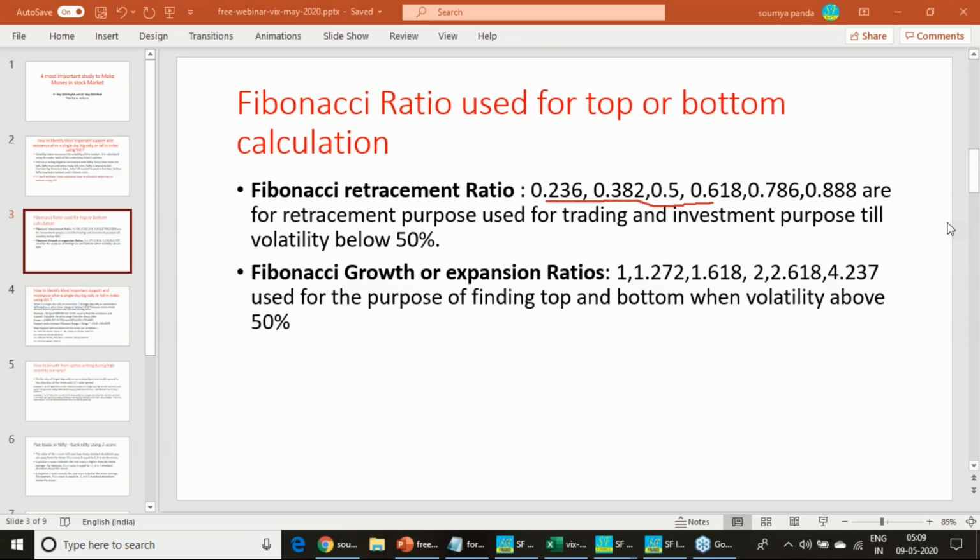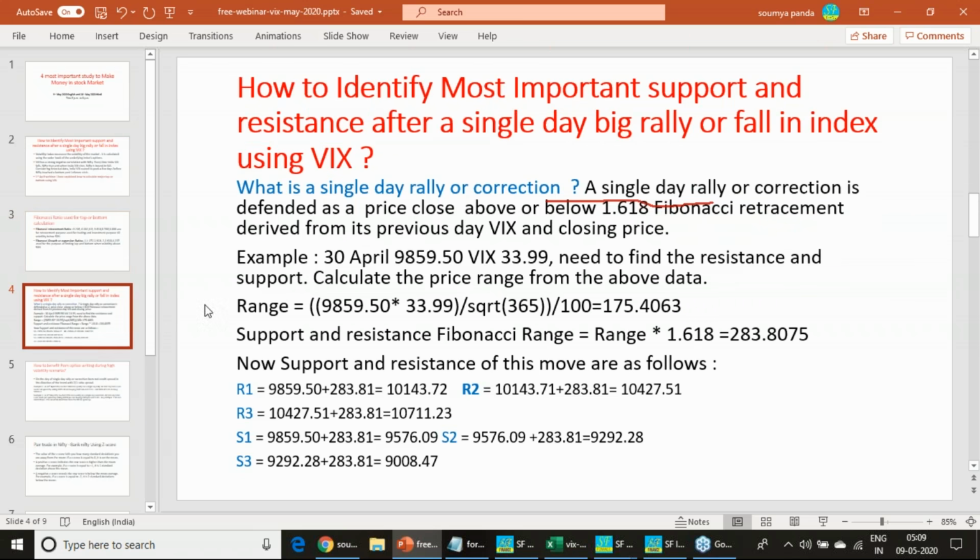These are the things I told on that event. So now coming to today's discussion.